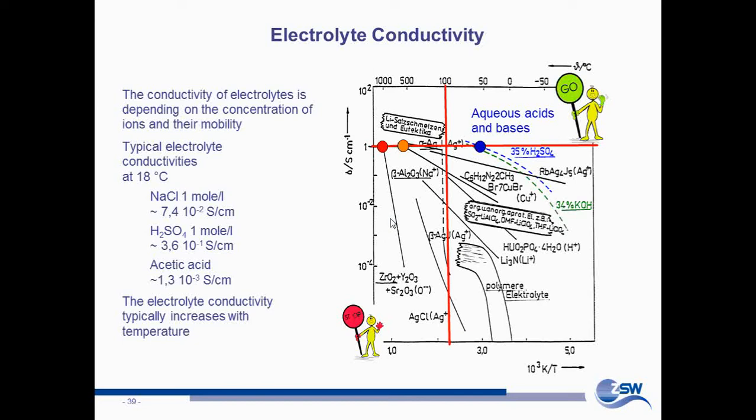So it's a significant part. However, as we get closer and closer to the commercial target, the part that the membrane and the catalysts play increases. So there's a challenge on cost reduction in membranes.